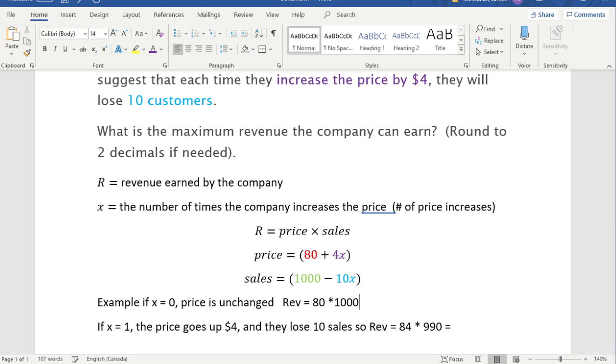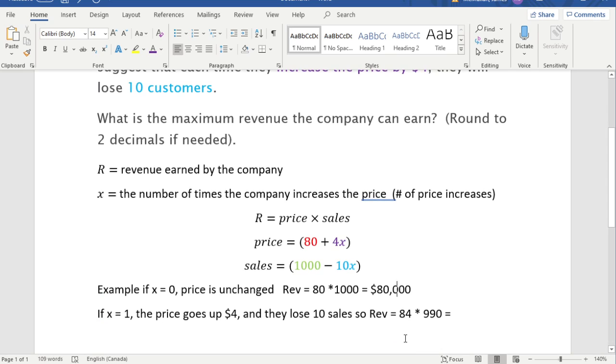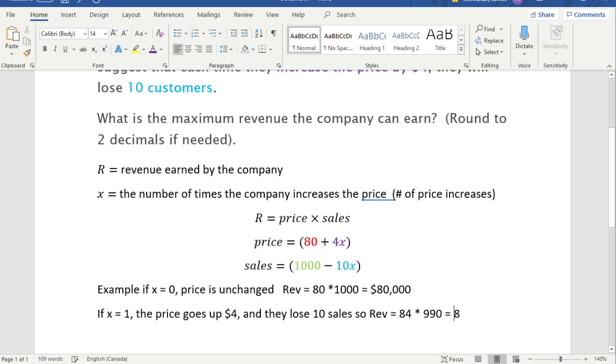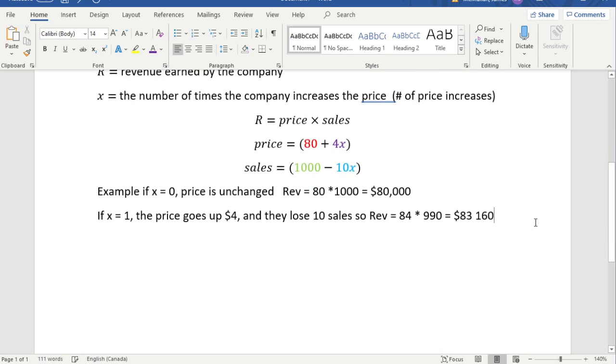Now here, 80 times 1,000 is 80,000, would be their revenue in that case. In this case, 84 times 990 is 83,160. So you can see they already make quite a bit more money if they follow this path. The question is, what's the most money they could make?